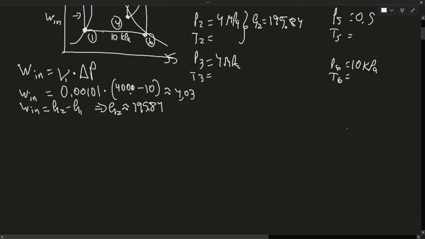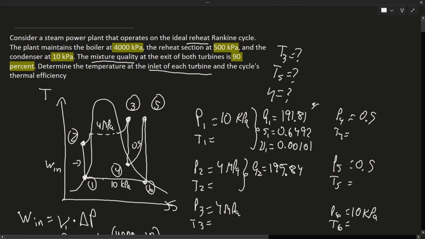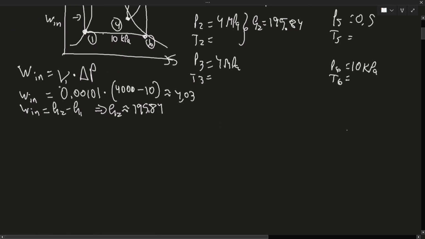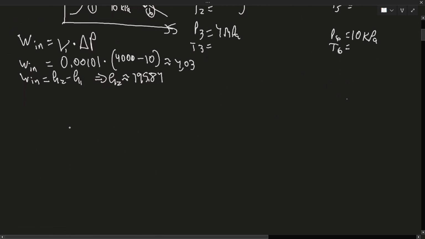Next, we need to find T3. That's what the question is asking. So you read the question again. It's saying that the mixture quality at the exit is 90 percent. Okay. So H is equal to HF plus X times HFG.